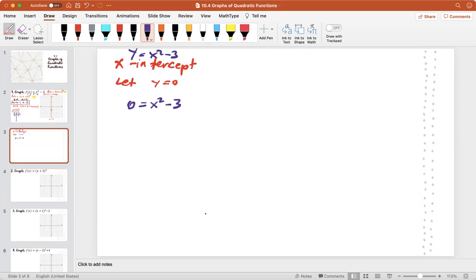So that means that your x-intercept can either be irrational or imaginary. And so let's not use this. But we can find another intercept, and that is your y-intercept.